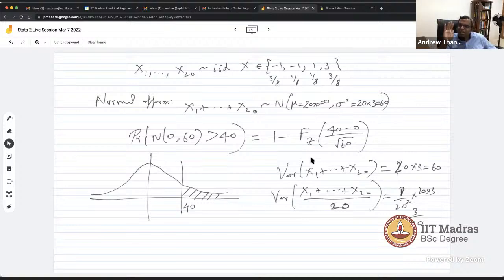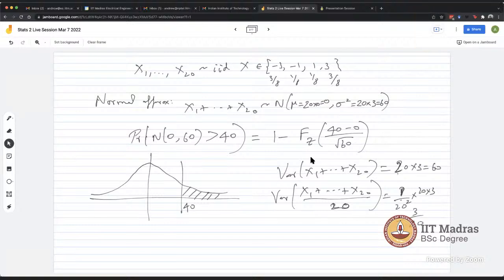The final answer will be the same. When you do problems like this, you just simply use the normal with the expected value and variance. If you want, you can divide by root 20 and say that is approximately normal 0, 1. You multiply both sides by root 20, and you're going to get this answer. It's just scaling. You can just directly do this.